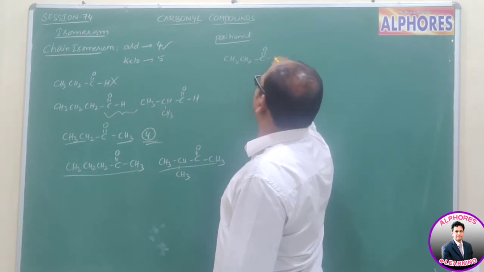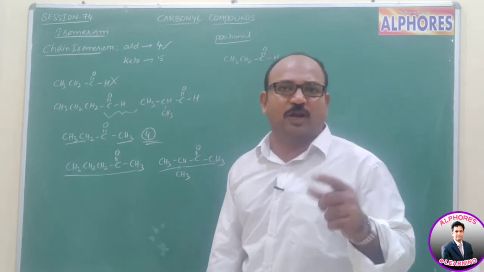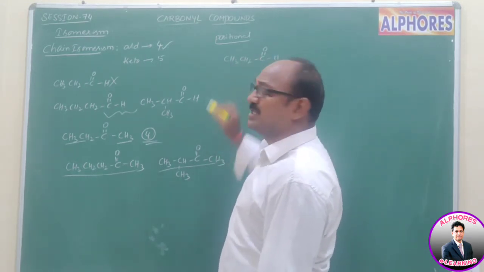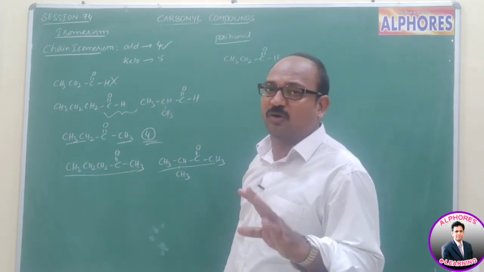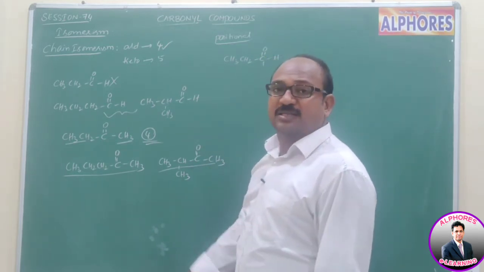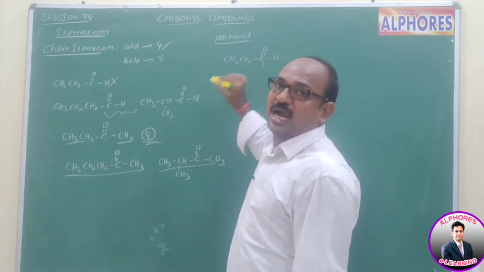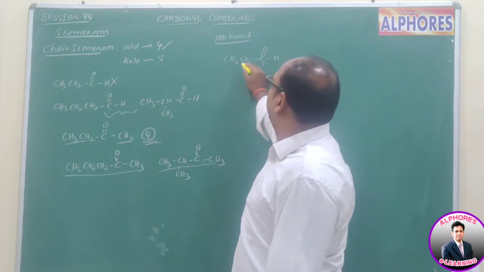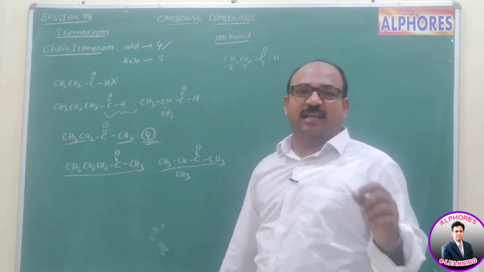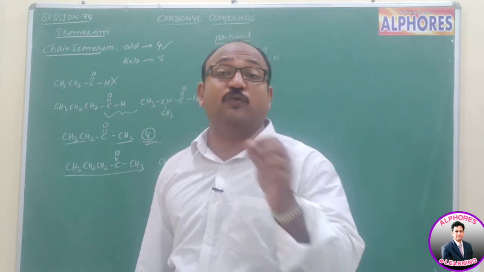For example, 1-propanal, or propanal. Can you write this aldehyde group at the second position? Third position? No. This functional carbon always gets number 1, and then 2, 3. This one is propanal. Aliphatic aldehydes do not exhibit any positional isomerism with respect to the functional group.